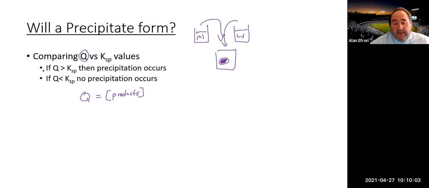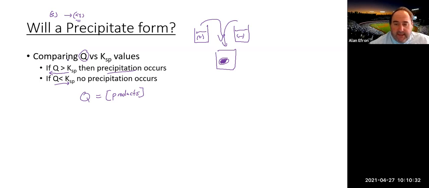If Q is greater than the KSP, then you go opposite of the way it's pointing, which takes you to the reactant side where we have more solid occurring, and we would expect a precipitate to occur. And vice versa, if we calculate Q and it's less than the KSP, you go opposite of where that's pointing, which takes you to the reactant side, where we would not expect to see a precipitate occur.